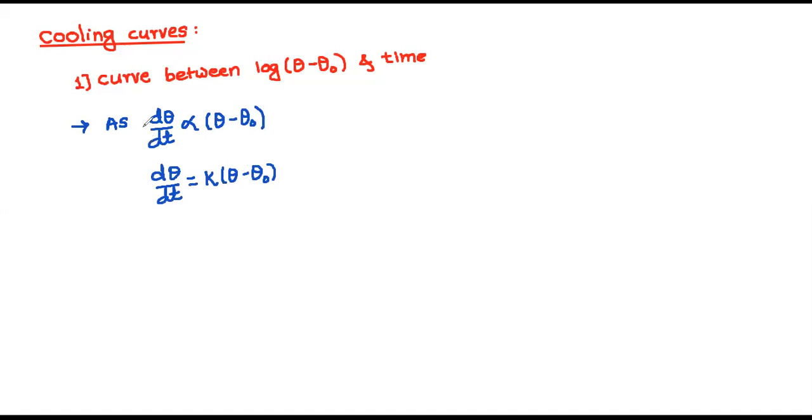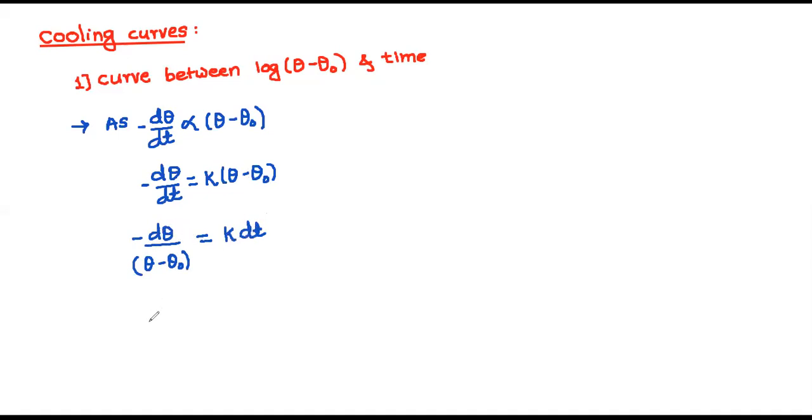But you know, here we are taking minus sign for rate of loss of heat or rate of cooling we can say. So I am keeping minus sign like that only. So let's see what we are getting next. Now this theta minus theta naught to transfer here, minus d theta by theta minus theta naught is equal to k into dt.